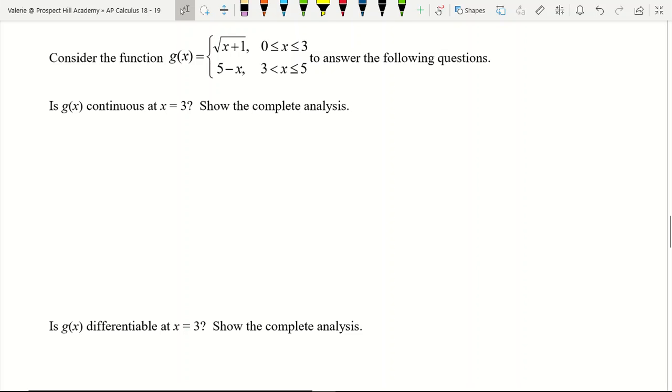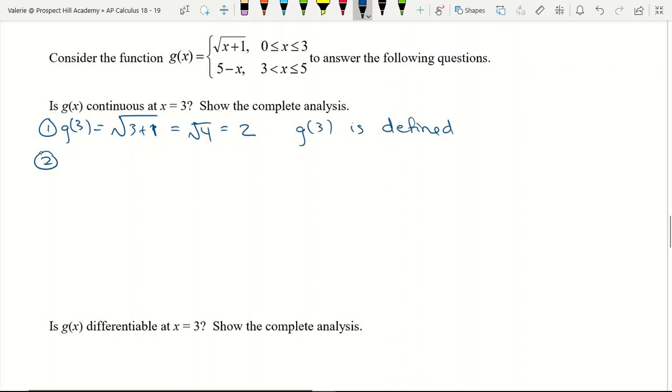So if g of x is continuous at 3, then the first thing that must be true is g of 3 must be defined. So g of 3, we're going to use that first function, is equal to the square root of 3 plus 1, which is equal to square root of 4, which is equal to 2. So g of 3 is defined.